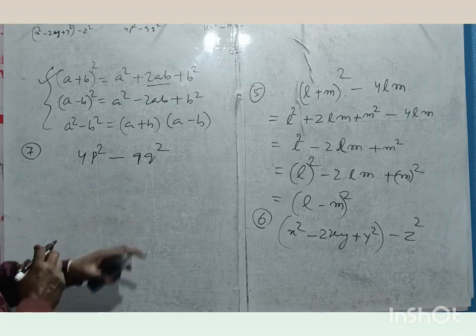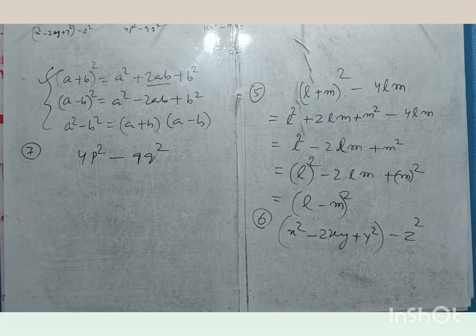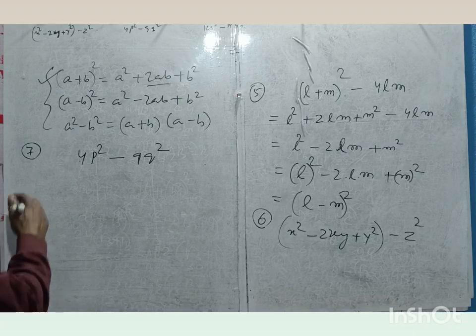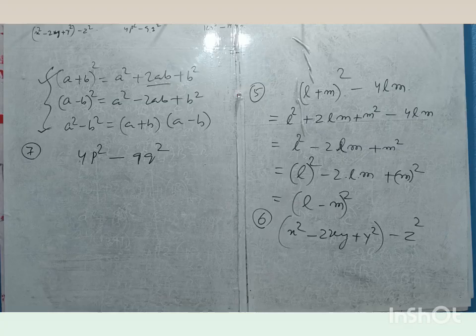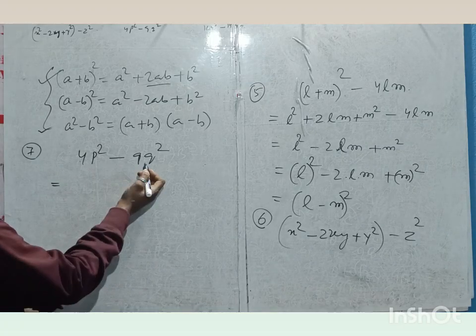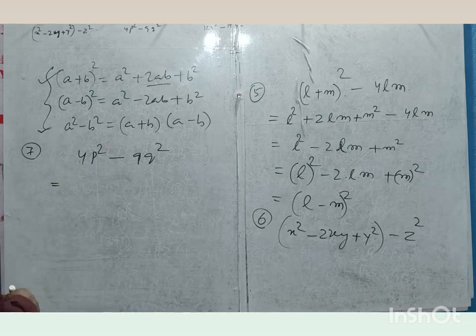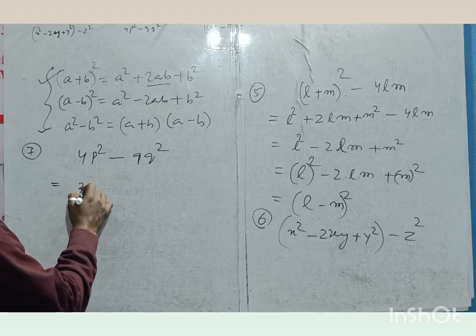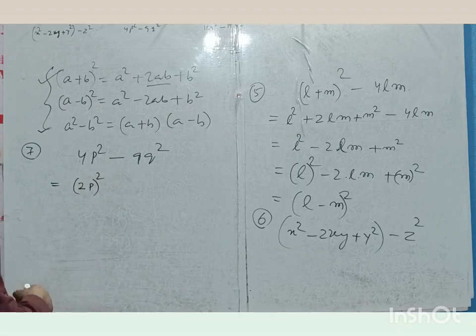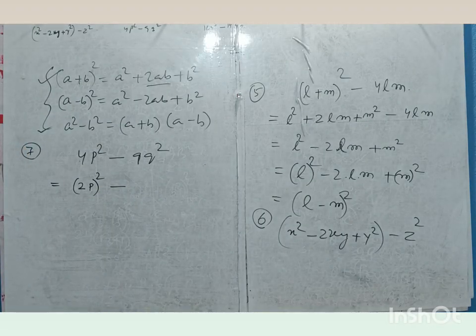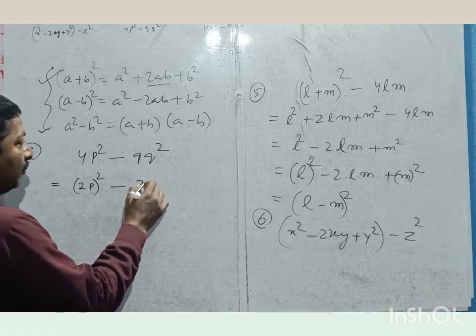So there are two terms, and in which form will it fit? Guess from these three identities. It will fit this identity because this is a square form, this is a square form, and there is no 2ab form. So whose square is 4p²? 4 is 2 squared, p² is the square of p, so (2p)². Here, whose square is 9q²? 3q.